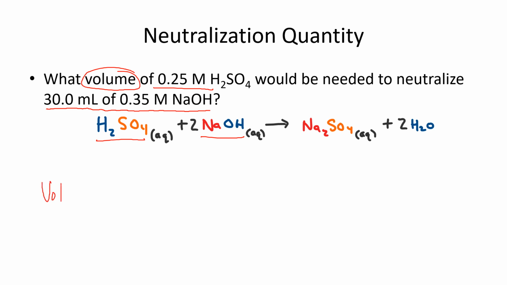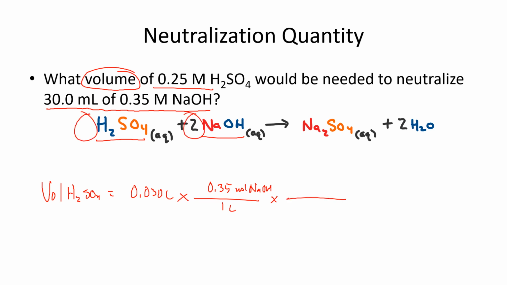We're looking for a volume of H2SO4, and we are given 0.03 liters of this base, and the concentration of this base is 0.35 moles of sodium hydroxide for every liter. So now we got our moles, then we can use our ratio, and the ratio is a 2 to an invisible 1.